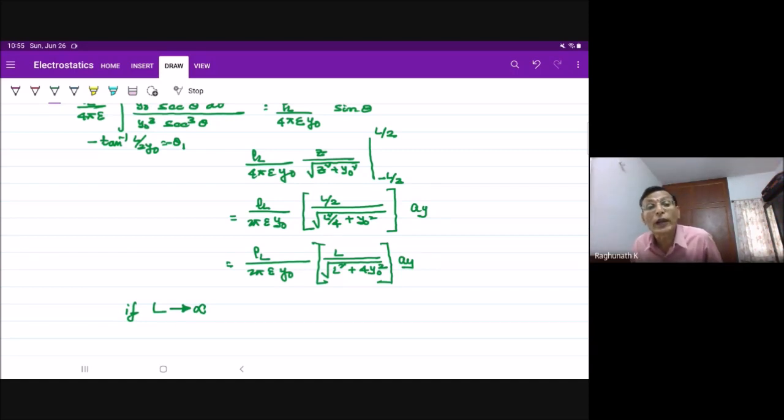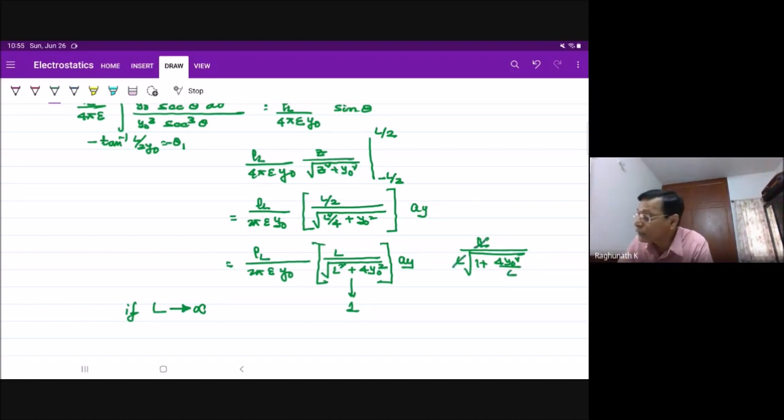If L tends to infinity, what will happen? This expression becomes equal to 1. Agreed? L tends to infinity because this is 1 by L by L root of 1 plus 4y naught squared by L. L gets cancelled out.